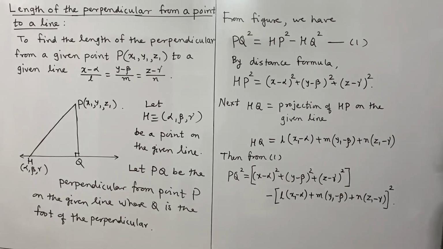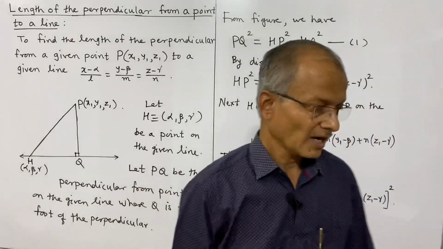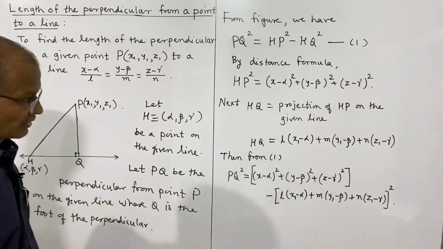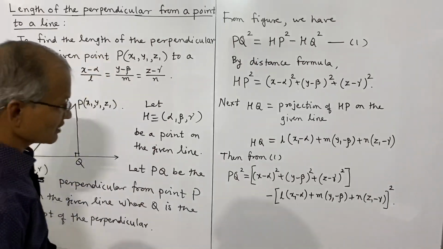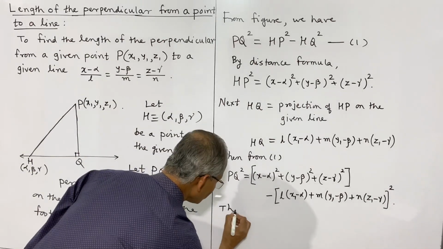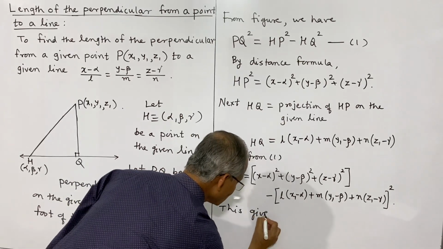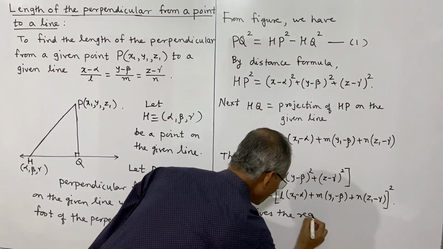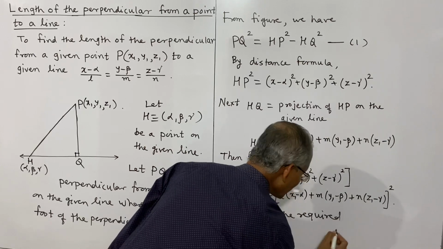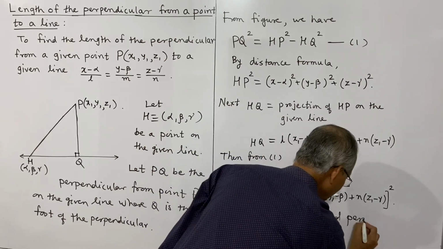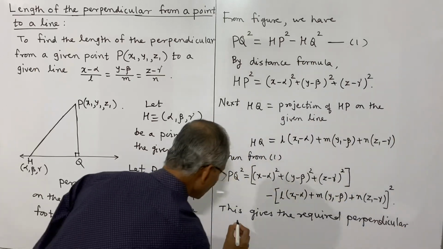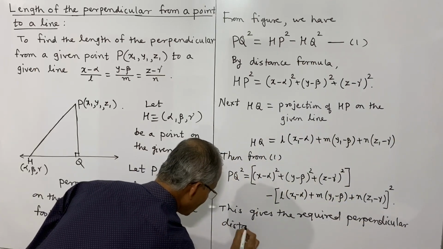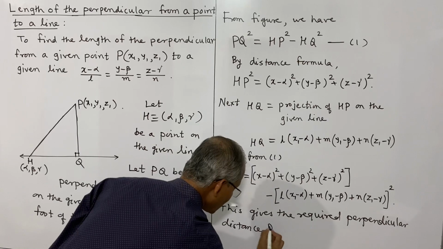So this is the expression for PQ square, and from that we can find PQ. This gives the required perpendicular distance PQ, and this is the result.